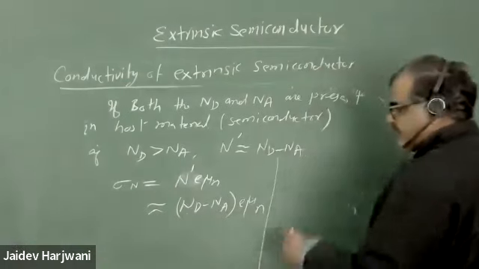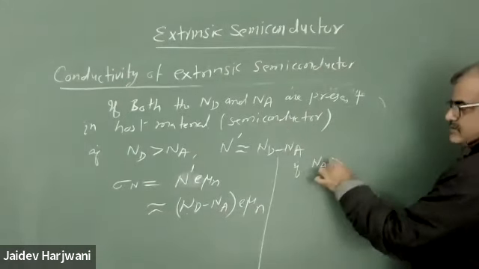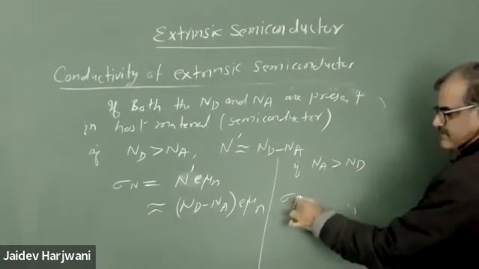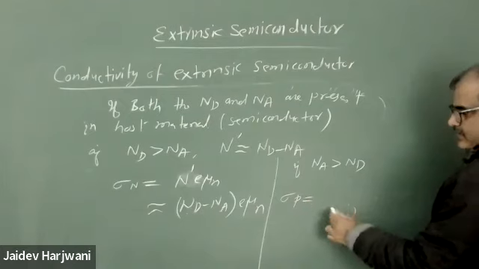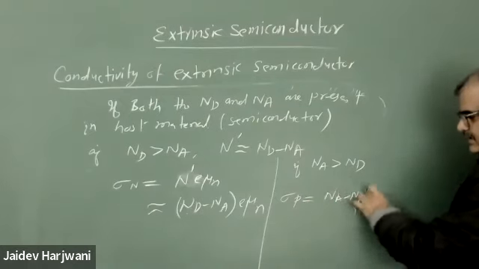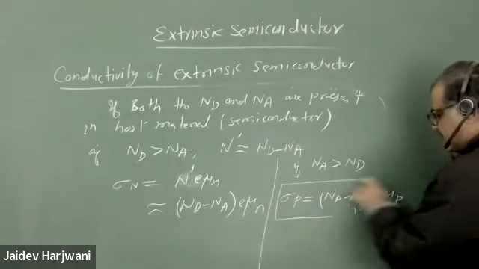Similarly, if Na is greater than Nd, then your sample becomes effectively p type, and you can write (Na minus Nd) e mu p. This formula you have to use.